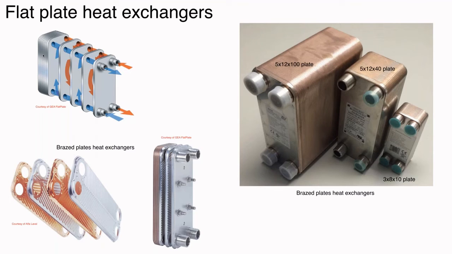This is a photo just to show you. I just lined up 3 heat exchangers that I have in the office here. That big one, the plate size is nominally 5 inches wide, 12 inches tall, and there are actually 100 plates in this stack. So we would call that a 5 by 12 by 100 plate brazed plate heat exchanger. Once these plates are arranged and pressed together, they're actually baked in an oven to do the brazing.